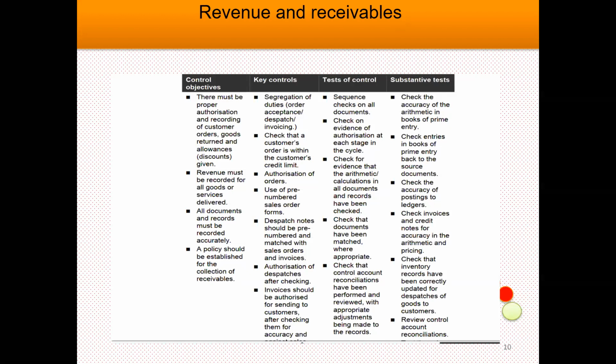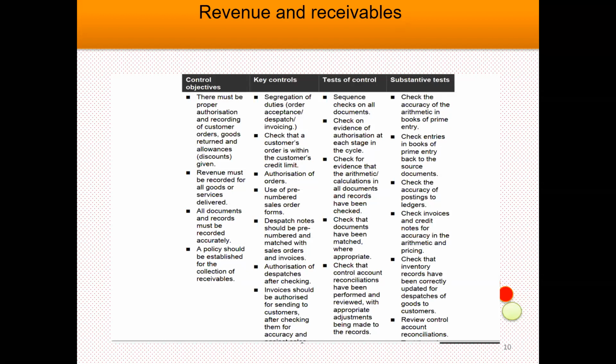Another key control is authorization of orders. Another one, use of pre-numbered sales order forms. That helps to organize your sales orders. So as you can clearly see here, authorization is very, very important.